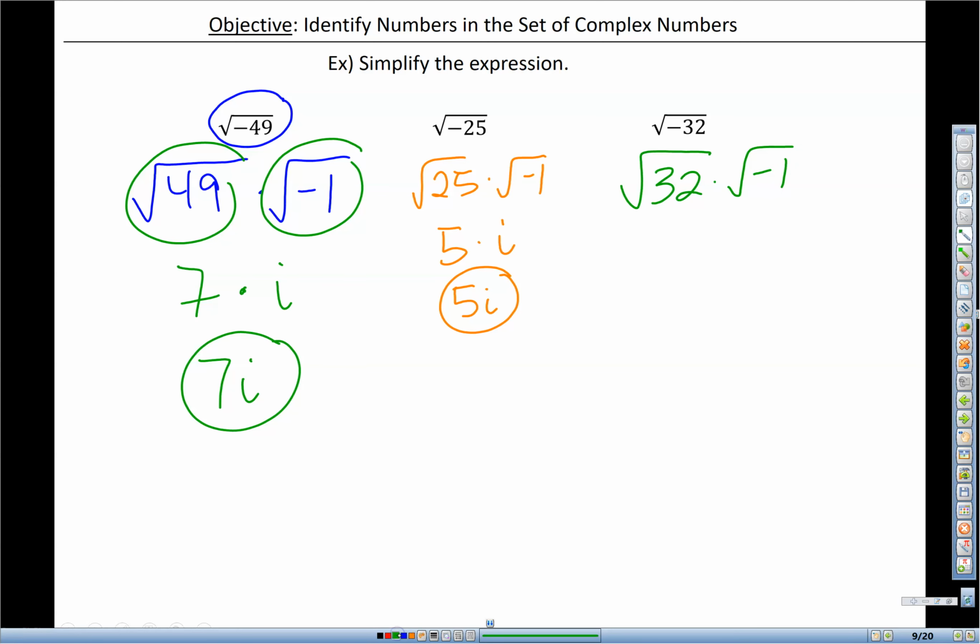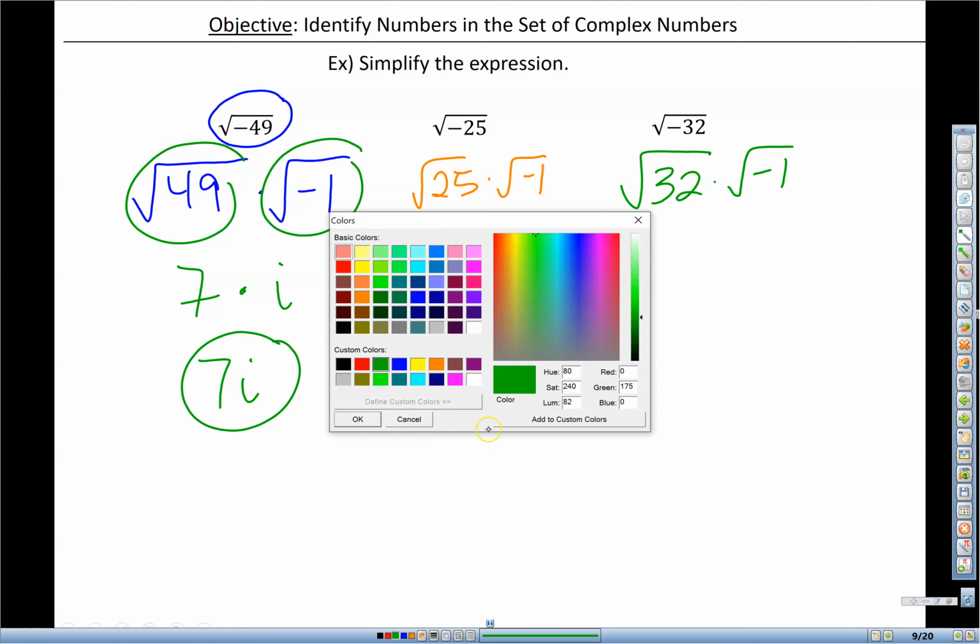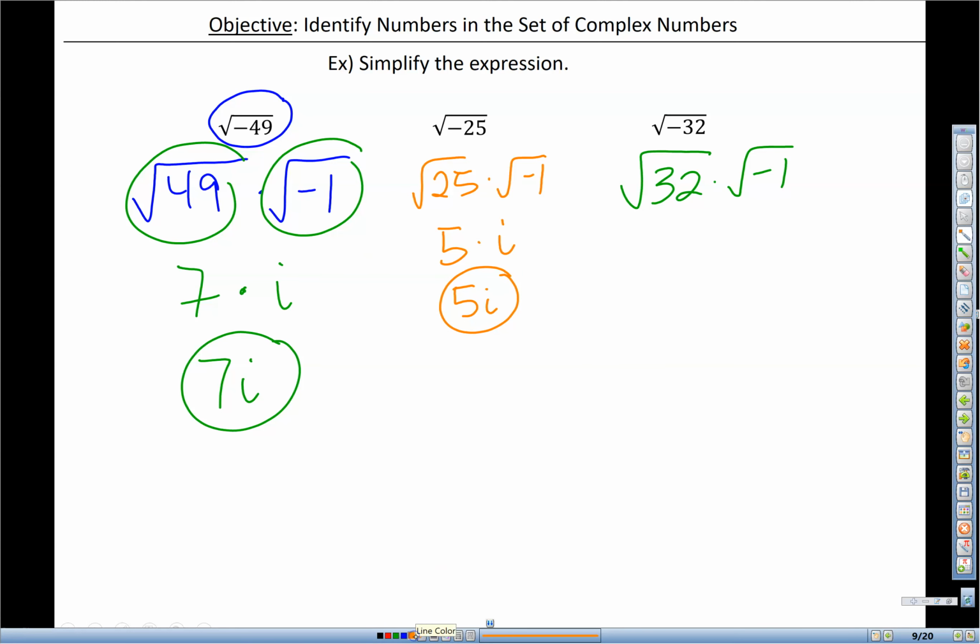So part of your prior knowledge is how to simplify or rewrite these square roots. Remember that we're looking for rewriting the square root of 32 as a product of 2 or more square roots, where at least one of the numbers is a perfect square and a factor of 32. Now, what I want you to think about for a moment is, what is the largest perfect square factor of 32?